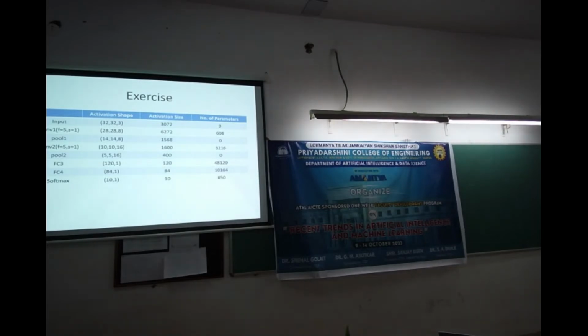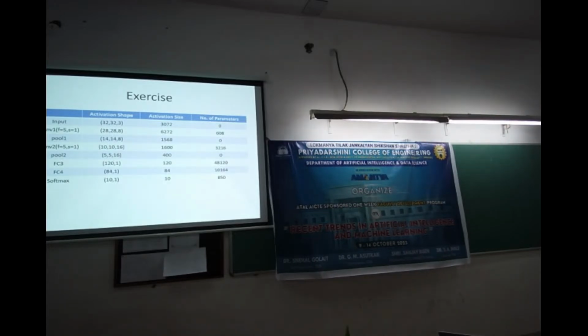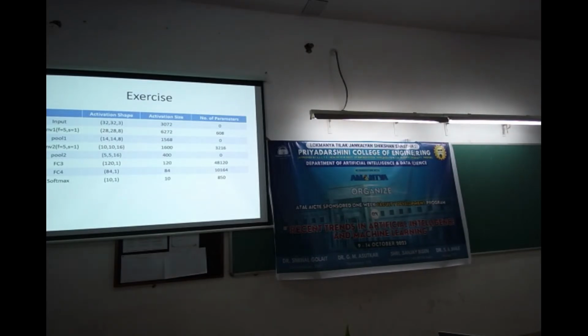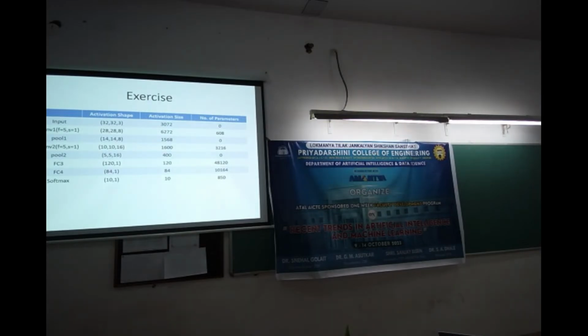We applied it on 32, 32, 3, which has 3 channels. So the 5 cross 5 filter: first 5 cross 5 means 25 weights, second 5 cross 5 another 25 weights, third 5 cross 5 another 25 weights. 25 plus 25 plus 25 is 75 weights. On top of that one bias would be there, that is 76. 76 parameters are associated with a single filter, and how many such filters are we applying? 8. So 76 multiplied by 8 is 608.